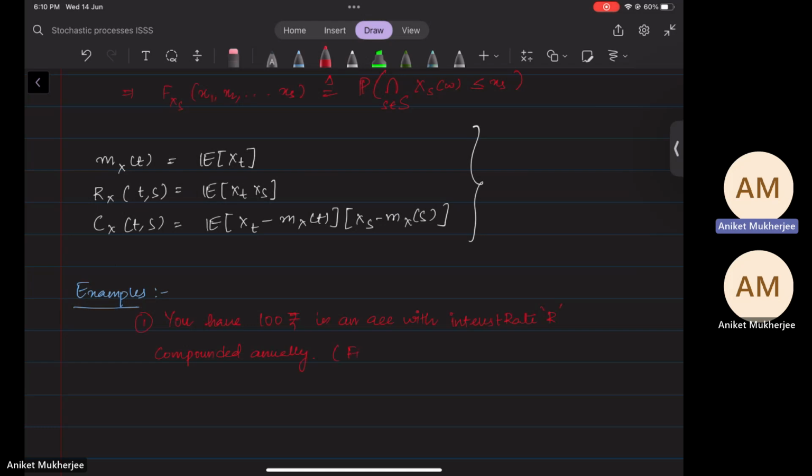You want to find the three terms of the stochastic process. I will tell you where the randomness is. So calculate these three terms. The random quantity is Xn, the value of the amount in the account at year n.